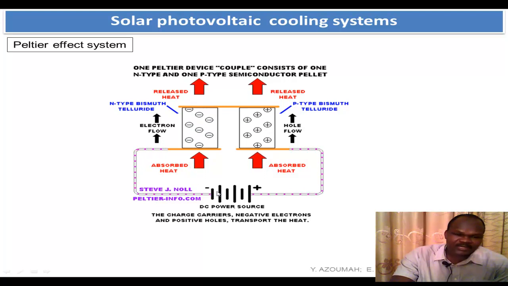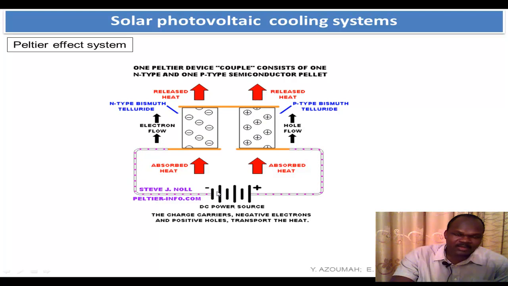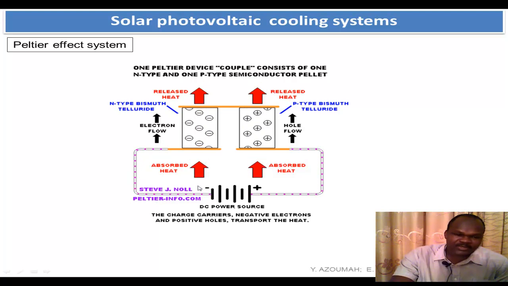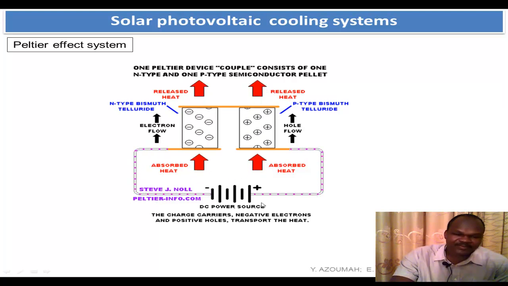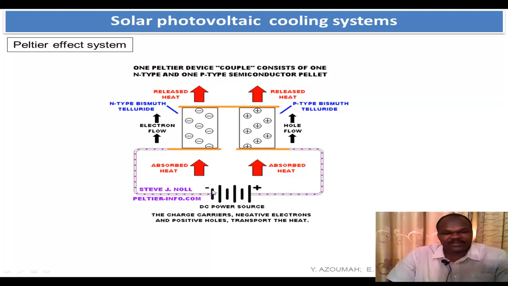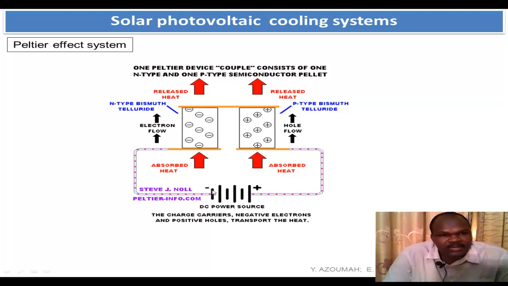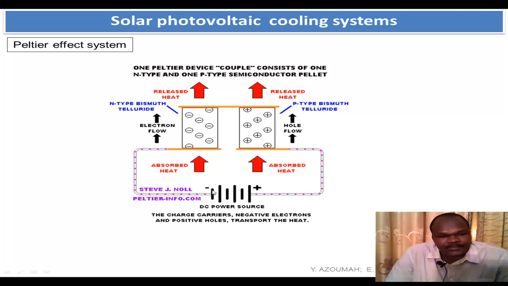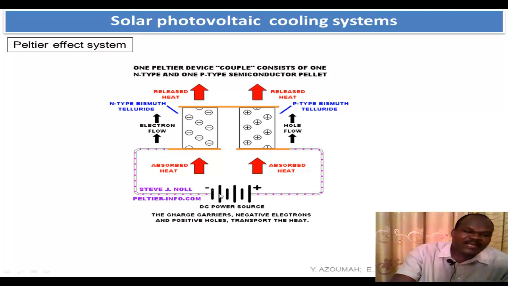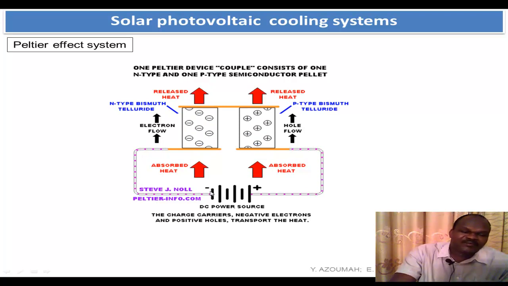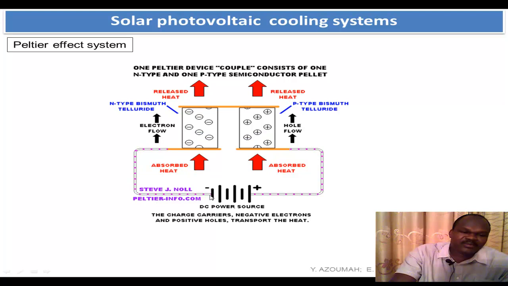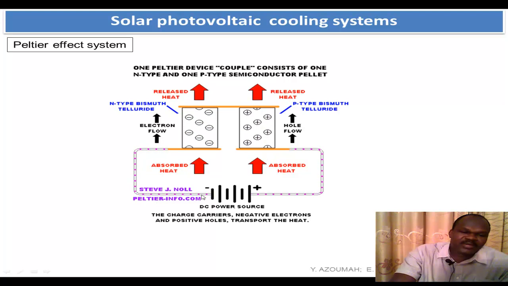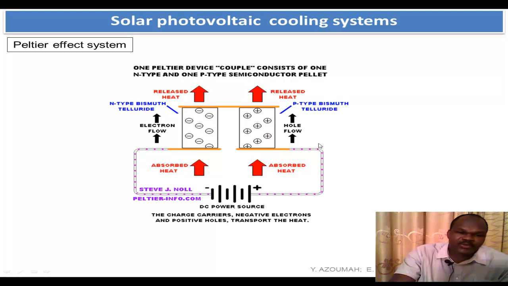That's why we call the system a solar cooling system. But it could use other sources of power. But when it uses solar photovoltaic, it's called a solar cooling system. So you have the electrons from the negative running to the positive.